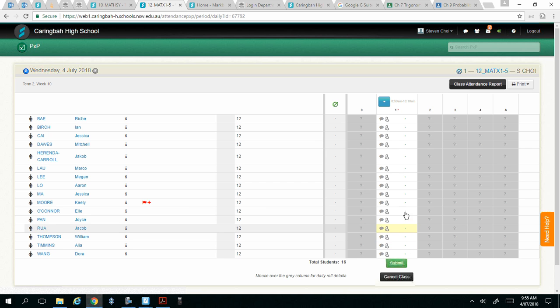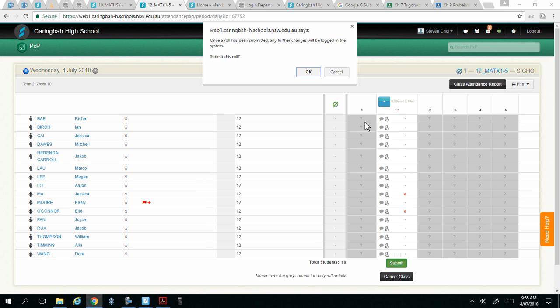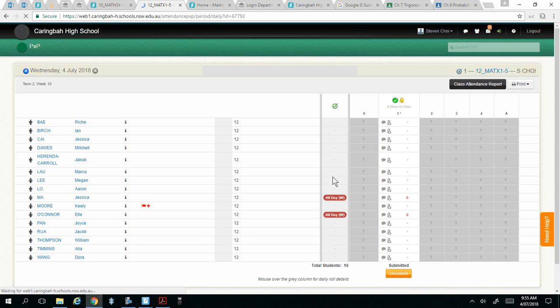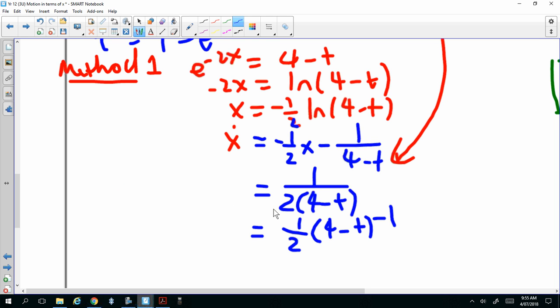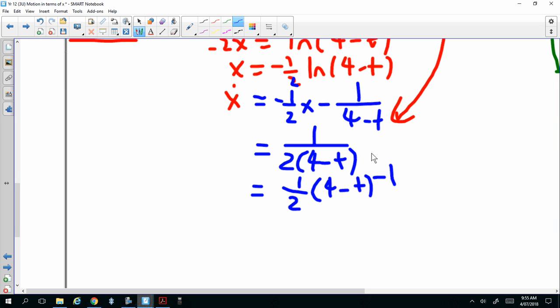Okay, good. All right, so we're going to find x double dot, which is half times negative 4 minus t to the power negative 2 times negative 1, which will cancel, so 1 over 2, 4 minus t squared. And you have to write that in terms of x. What would that be in terms of x?